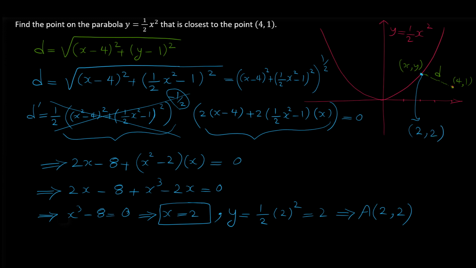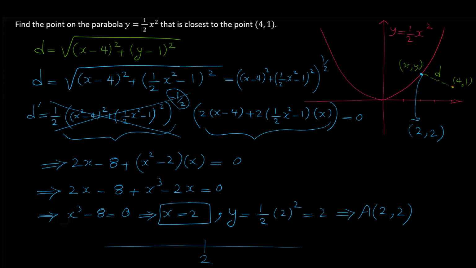But how can we prove that this point is the closest point, or the distance is minimum? Again, as usual, we can use the first derivative test or the second derivative test. If we use the first derivative test to prove that this point is the point that minimizes the distance, we draw a number line and put 2 here.